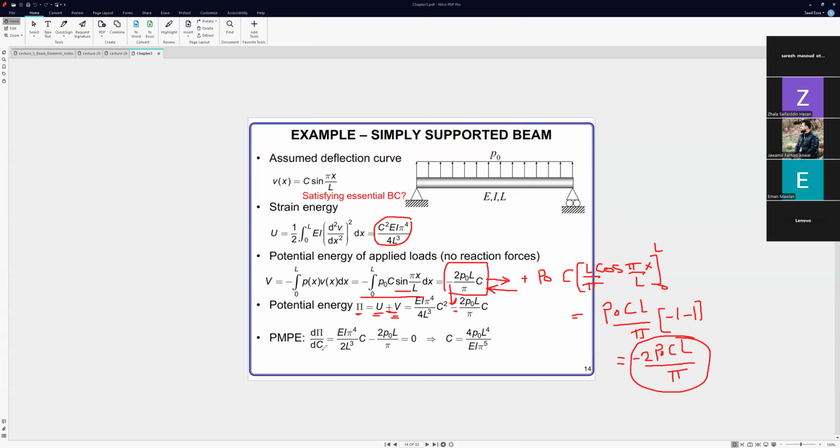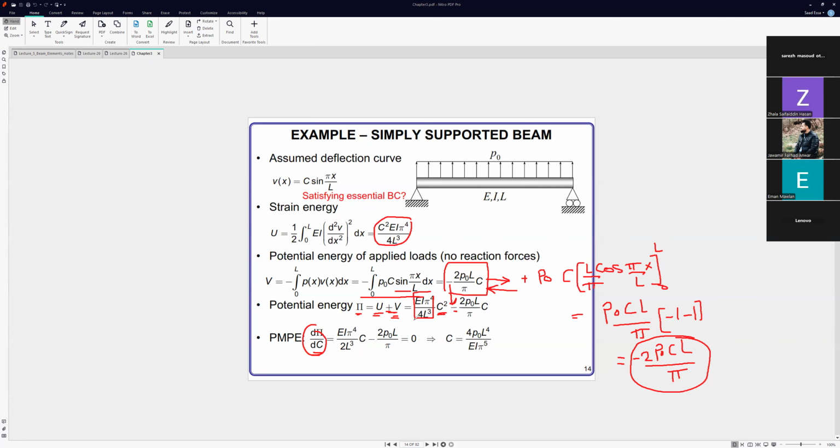Now we take the derivative of this potential strain energy with respect to the constant. So we have the derivative of EI pi to the power 4 over 4L cubed, which is the constant, times C squared, it's 2C.